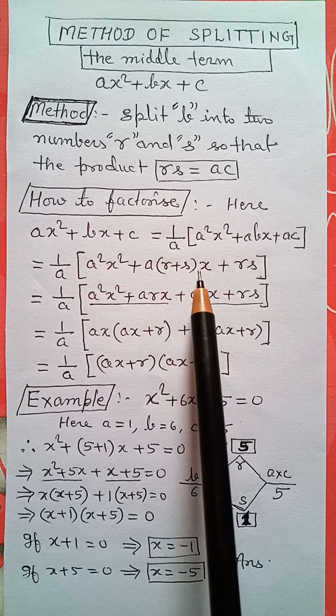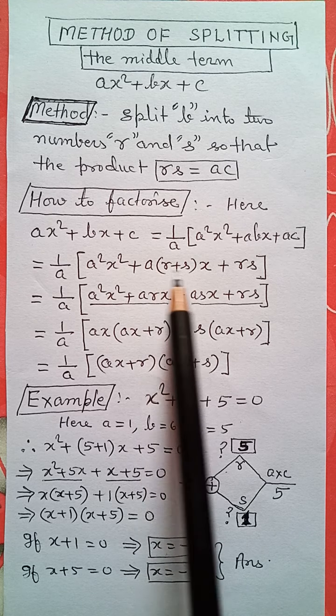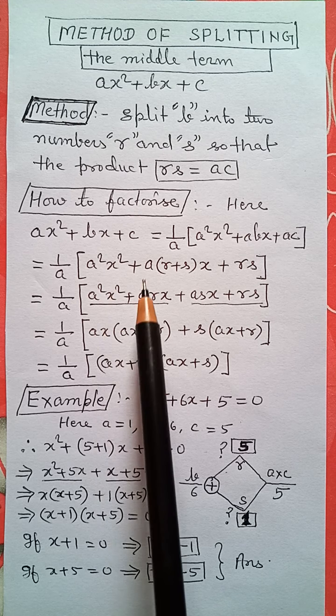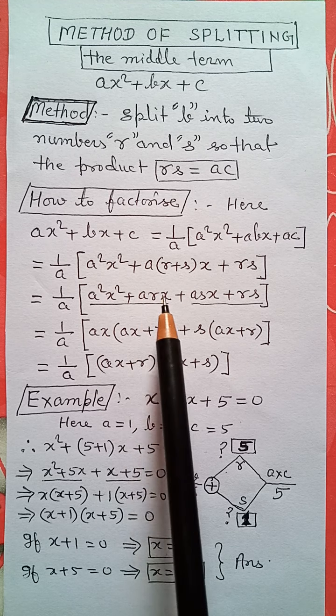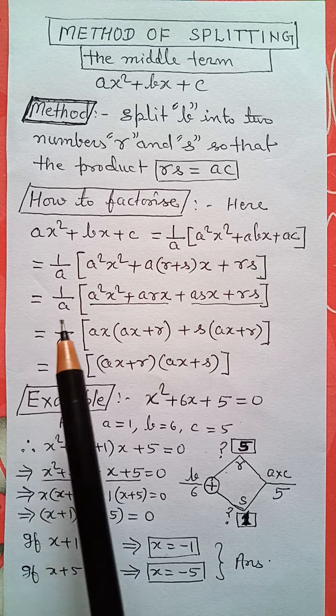Now opening this bracket, we have a square x square plus arx plus asx plus rs.